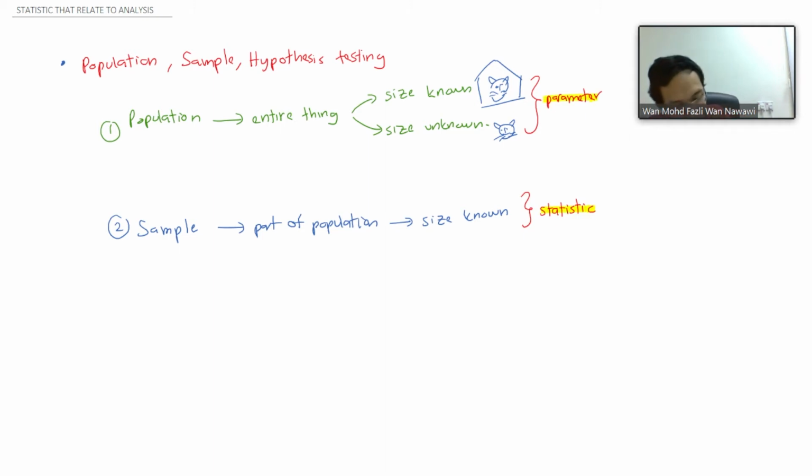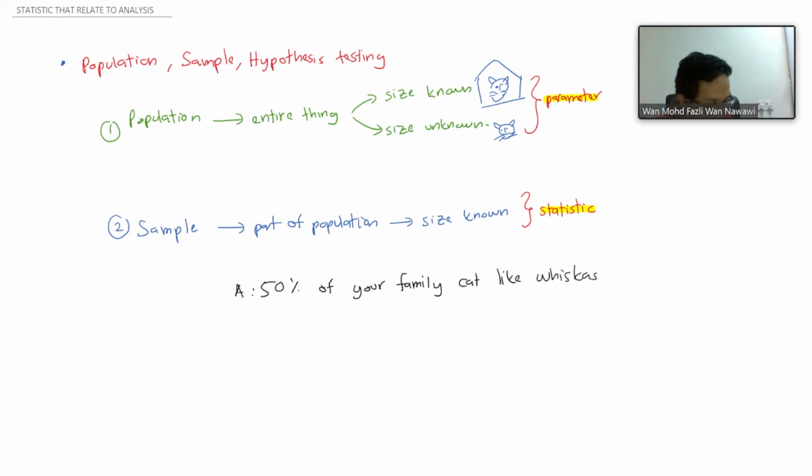For example, let me give statement A: 50% of your family cats like this cat food. And B: 50% of cats like whiskers.